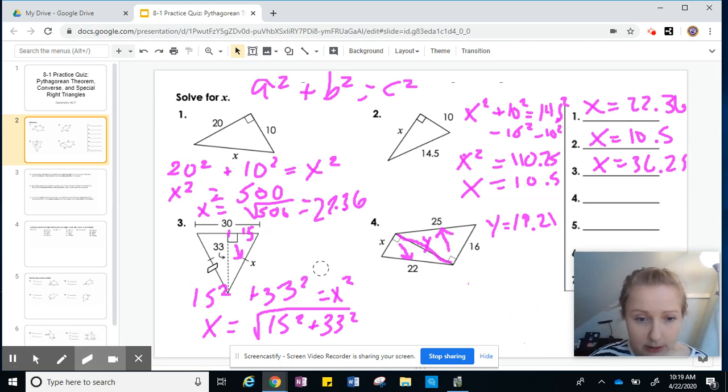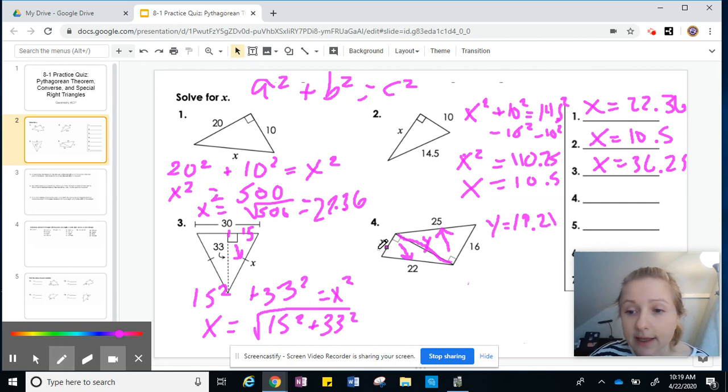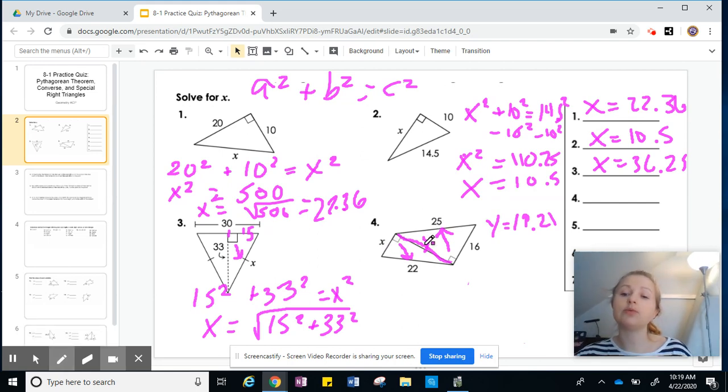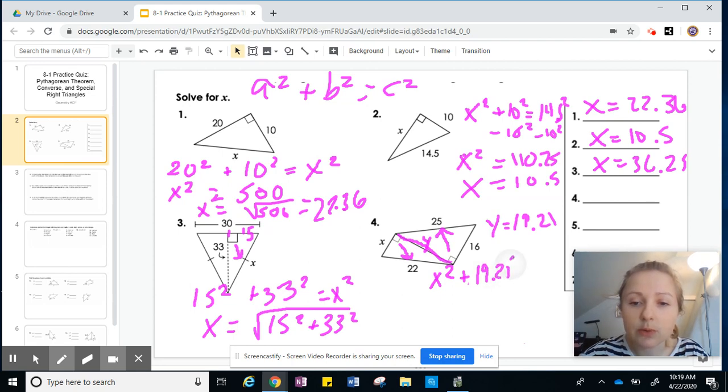19.21. And then I'm going to erase this to do the next part. All right, so the next part, x is a leg, y is a leg, so 19.21 is a leg, and then 22 is our hypotenuse. So let's do x squared plus 19.21 squared equals 22 squared.